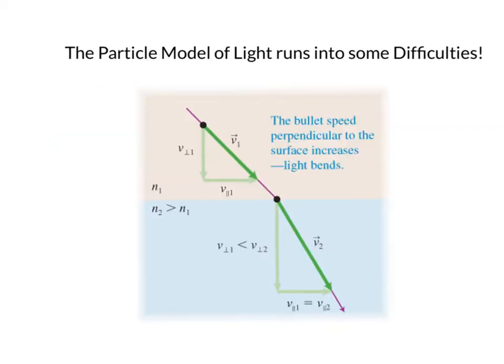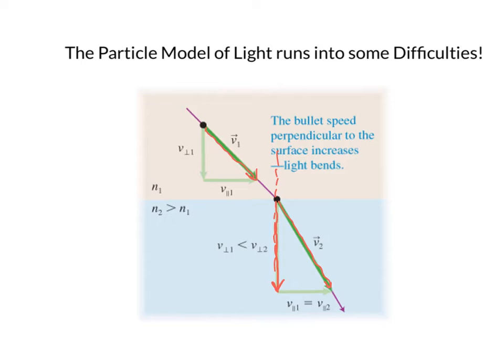Well, what actually happens, if you remember from our refraction unit, is that when light comes in from a less dense medium into a more dense medium, it actually bends towards the normal. Okay, so here's a normal line right here. What that suggests, if it bends towards the normal, is that the vertical component of velocity is actually getting greater.